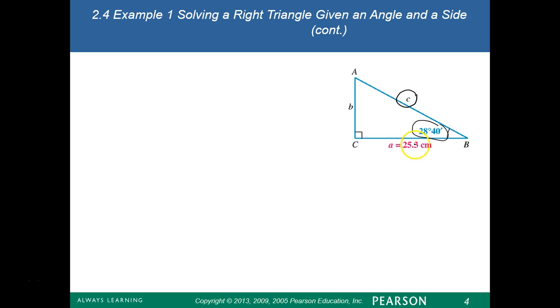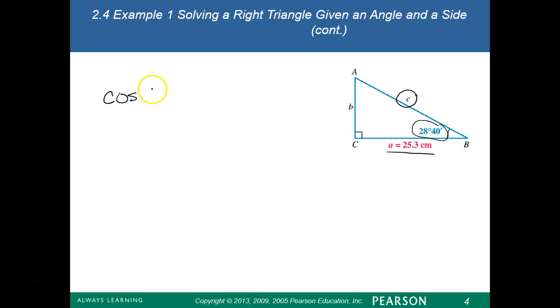We're given this angle B, and we have this side measurement A. According to this side and this side, our angle measurement B, this side is our adjacent still, and C is our hypotenuse. So adjacent and hypotenuse. Think about what trig function has your adjacent and hypotenuse in it. And that would be cosine or secant.